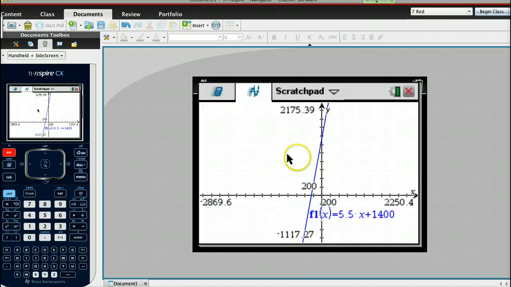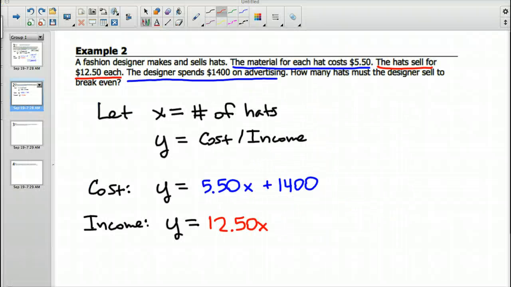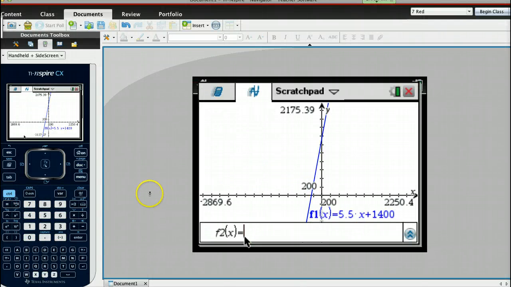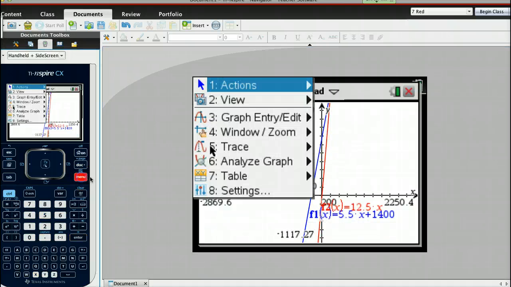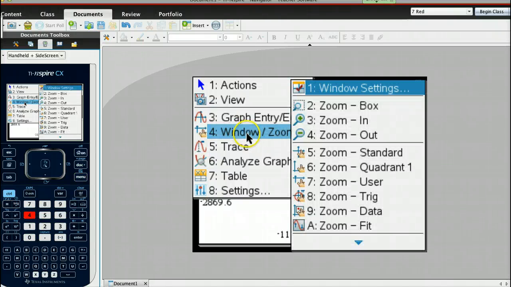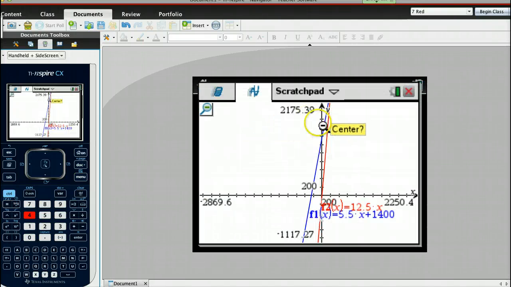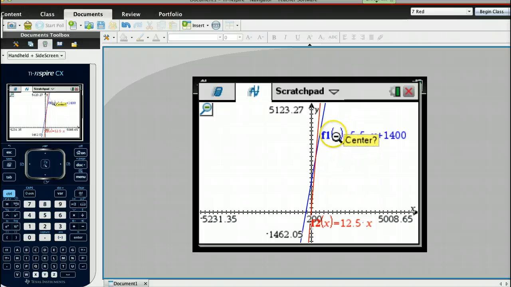And then for my other equation, it's Y equals 12.5x. I might need to zoom out a little bit more just to see the intersection point. Now I can see the intersection point is somewhere up here.